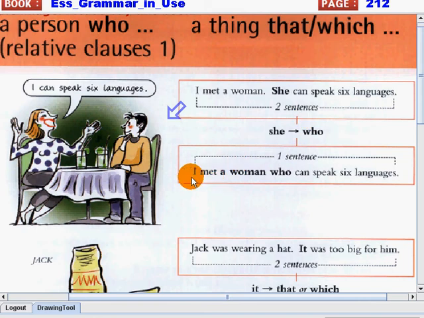Okay, we're going to turn them into one sentence with our relative pronoun who. Okay? I met a woman who can speak 6 languages. She was turned into the word who. It was turned into who, right? That is the purpose of relative pronouns.